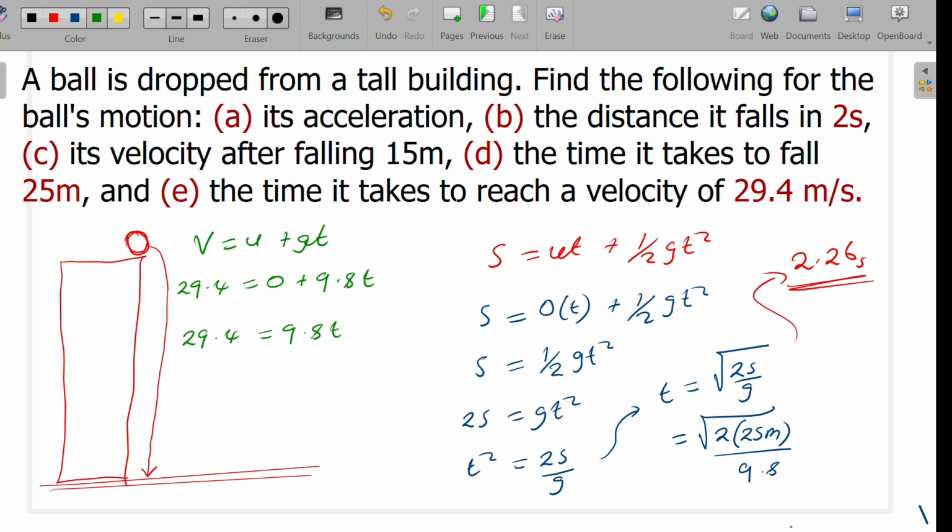When we divide by 9.8, 9.8 here and 9.8 there, our t will be equal to 3 seconds. So the time it will take to reach a velocity of 29.4 meters per second is 3 seconds. So this is it for this question.